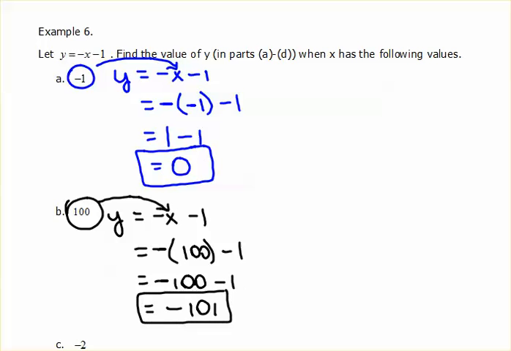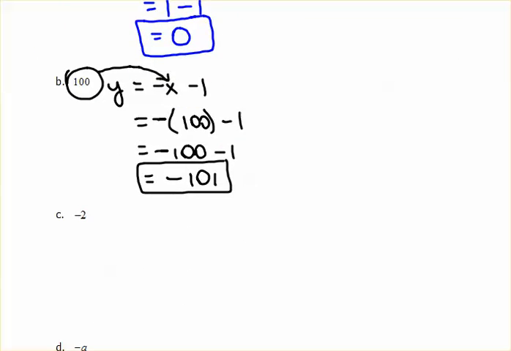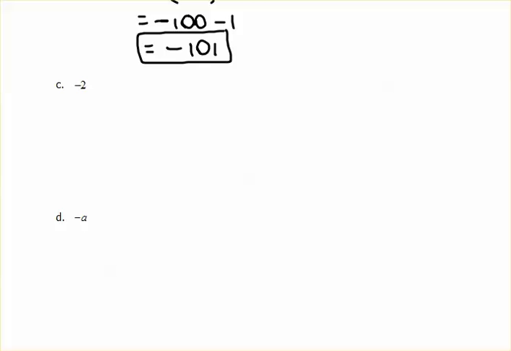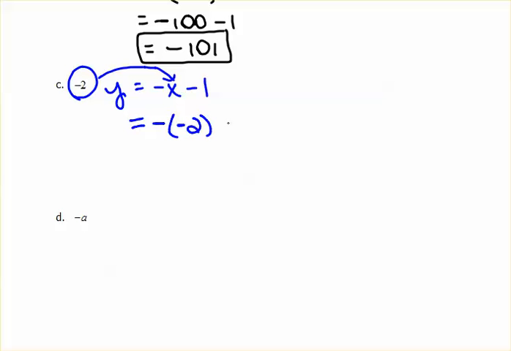All right, part C. I can move it up here. And again, just to remind you, I'm going to rewrite my formula, which said y equals negative x minus 1. But this time we're using negative 2 in place of x. So that would be negative, and instead of x, negative 2 minus 1.